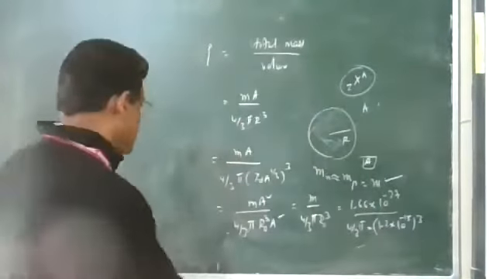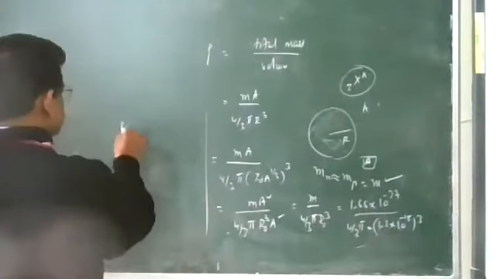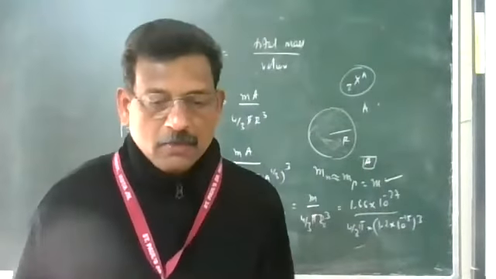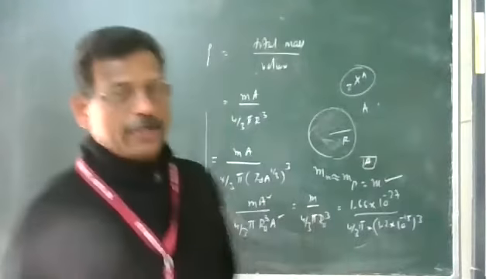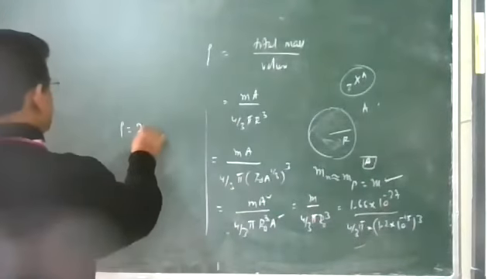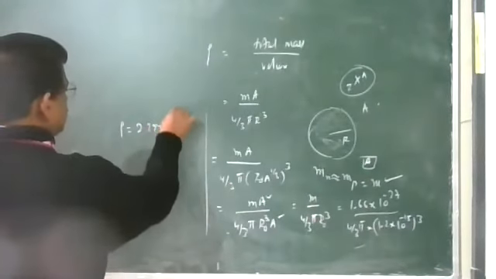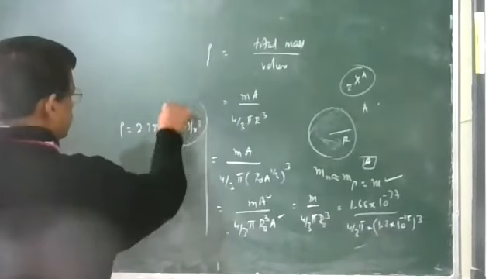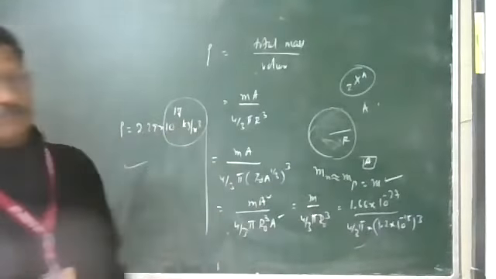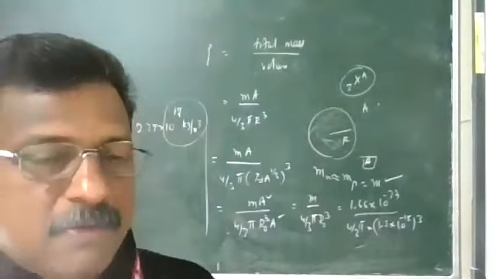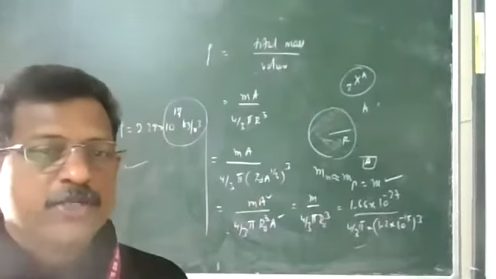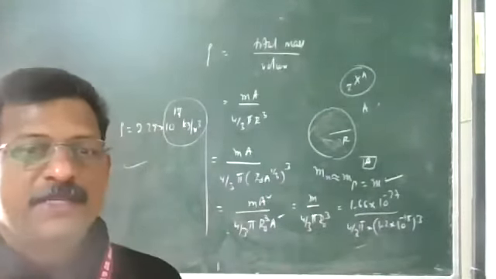You can simplify the value, and the nuclear density is found to be about 2.29 times 10 to the 17 kg per meter cube, which is extremely high. You know the density of mercury, etc., is of the order of 10 to the 3. This is 10 to the 17 kg per meter cube.